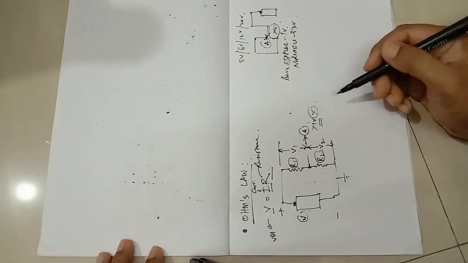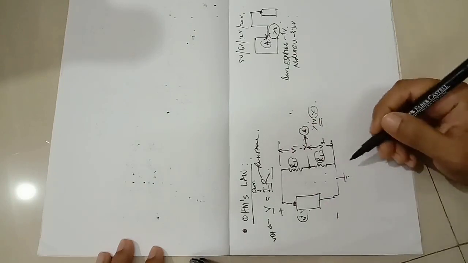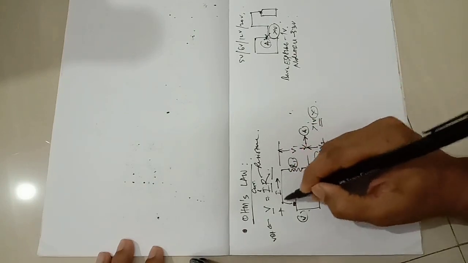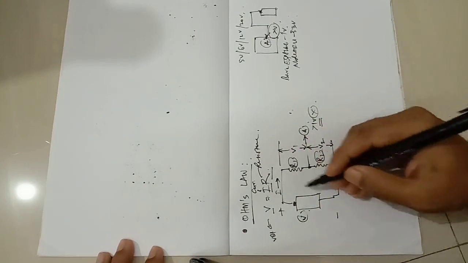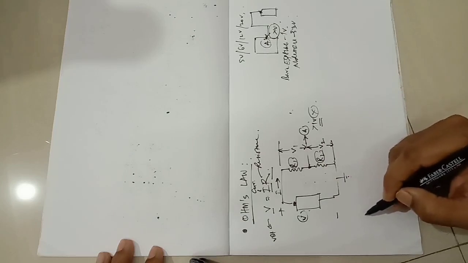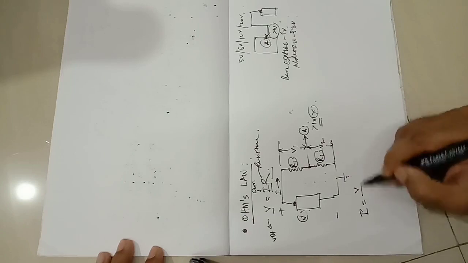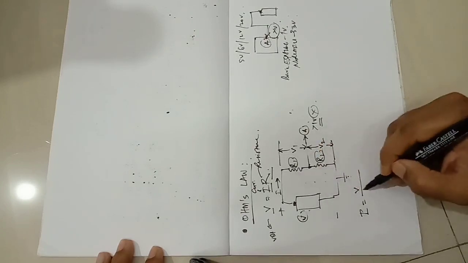Okay, so how to do that? Ohm's law says V is equal to IR. So what is I? It is the current that is flowing through this whole circuit. So I is equal to V by R, and the total resistance is R1 plus R2.